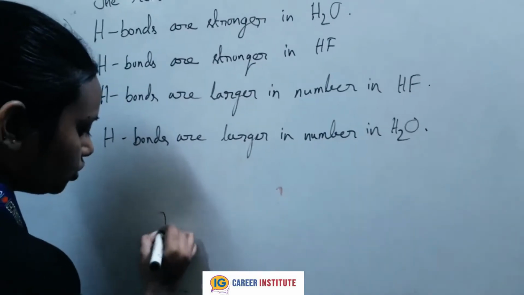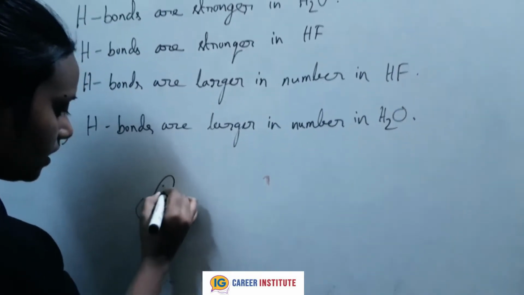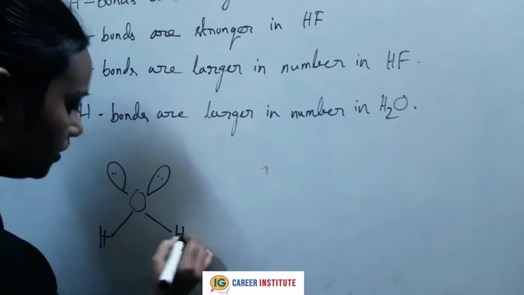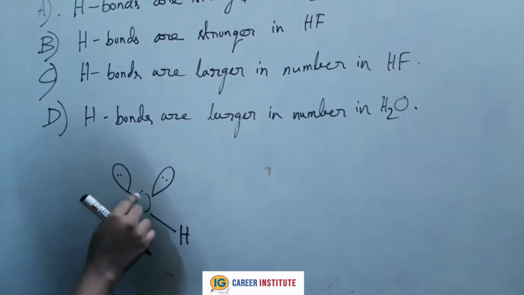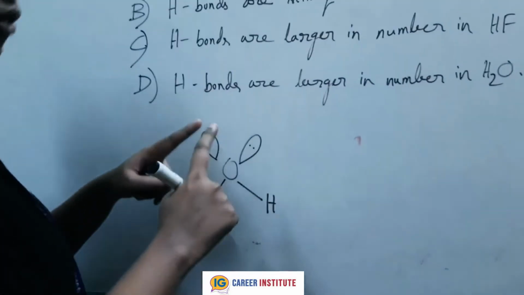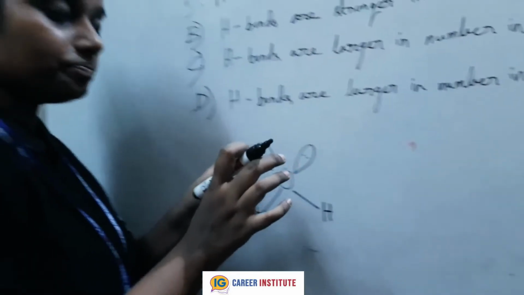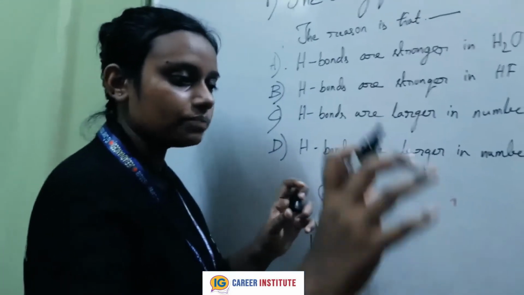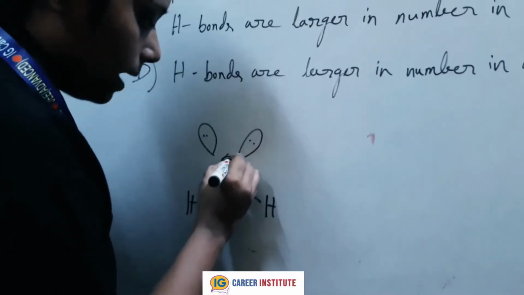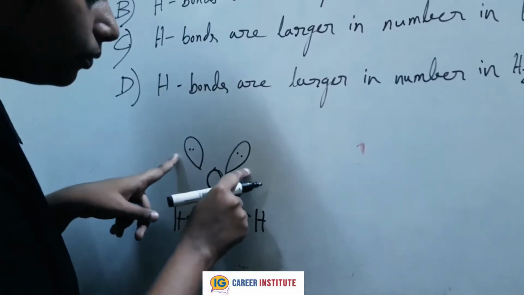So basically what is the structure of water? This is the structure of water where there are two lone pairs of electrons over this oxygen atom. Now we know hydrogen bonds form between an electronegative atom and a hydrogen, right? So here the electronegative atom is oxygen, but it has two lone pairs of electrons.